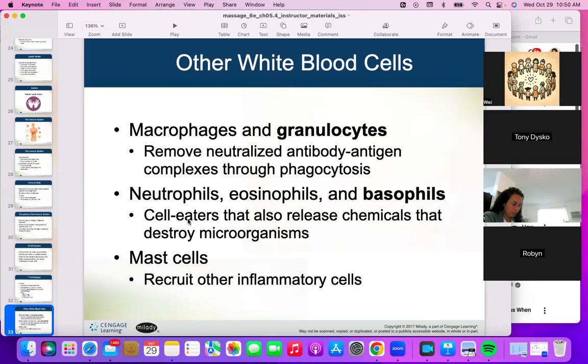Now, mast cells are responsible for the recruitment of other inflammatory cells, releasing inflammatory mediators like histamine, enzymes and other white blood cells of some sort. They're also important in allergic disorders.